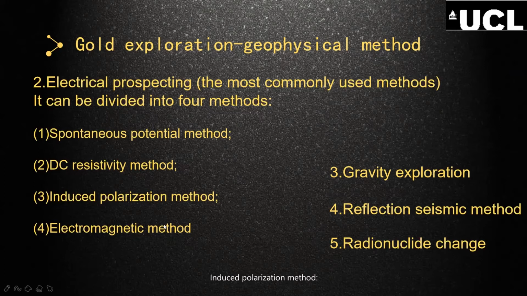Induced polarization method. This method is especially suited for detecting gold deposits closely related to mantle surface and cold winds. And finally electromagnetism. And what's more, we have gravity exploration, reflection seismic method, and radionuclide exploration.